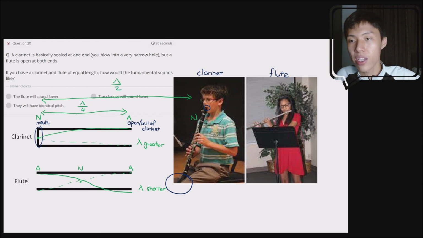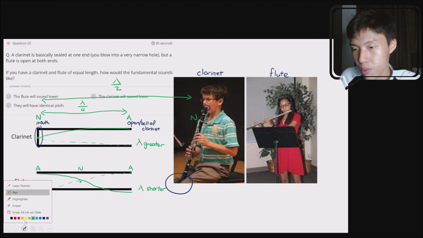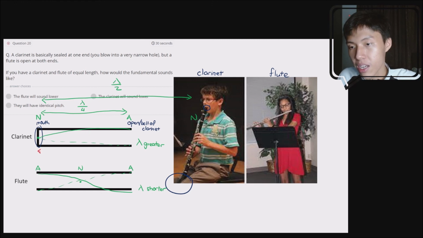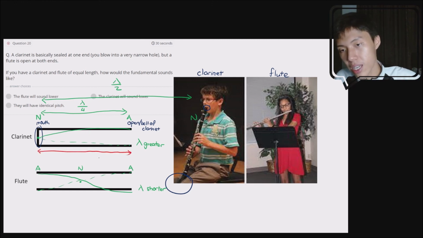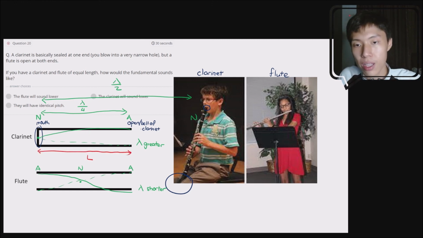So therefore, you know that the distance between the node and the antinode must be lambda over 4. Okay, so this is the situation. So the length of the pipe here is L.